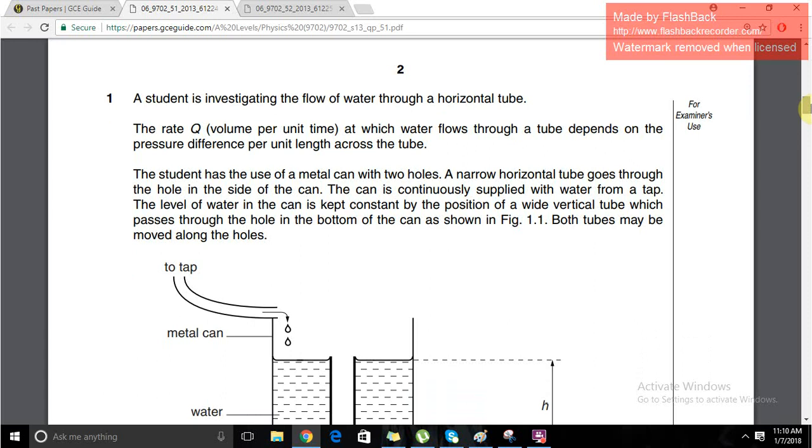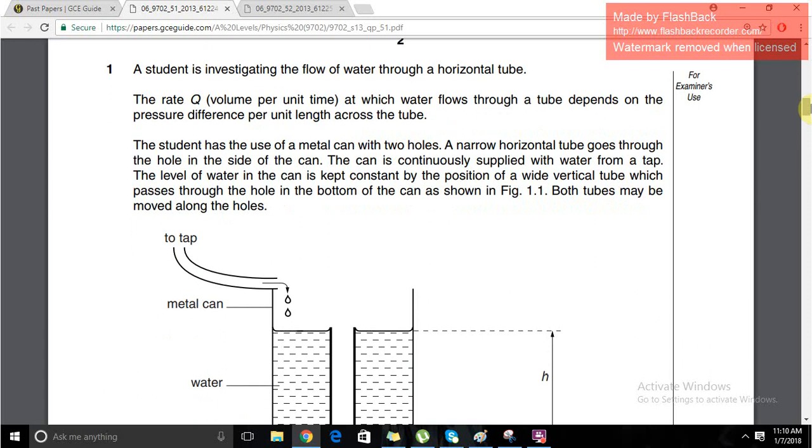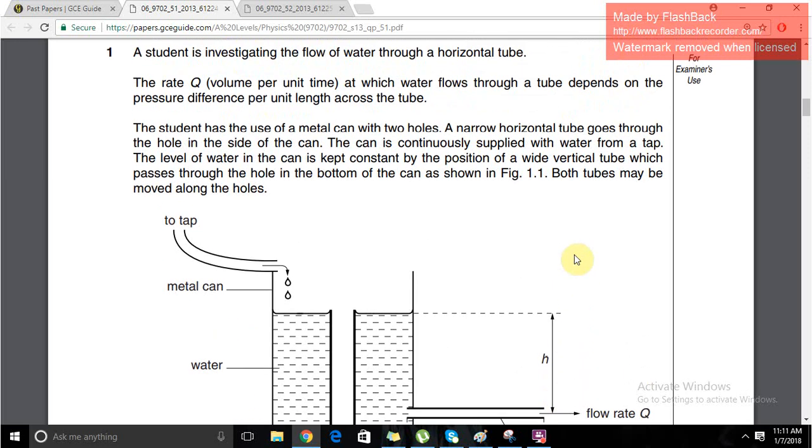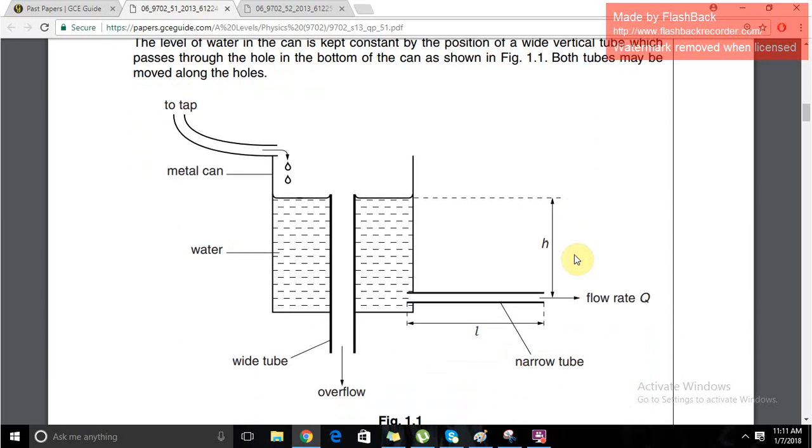So a student is investigating the flow of water through a horizontal tube, and this is probably it. And the rate Q at which water flows through any tube depends on the pressure difference per unit length across the tube.